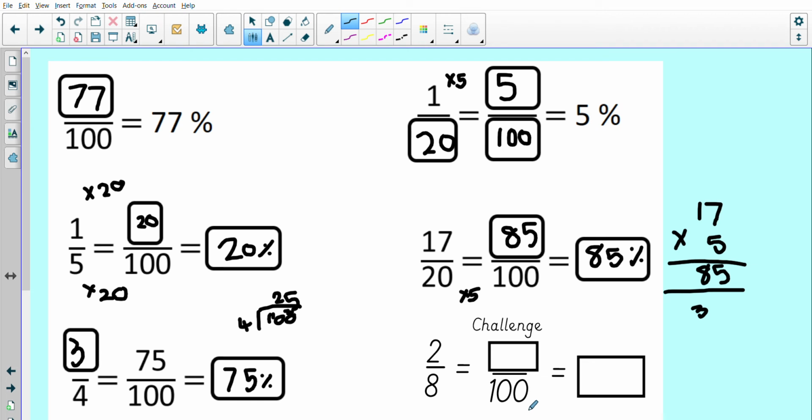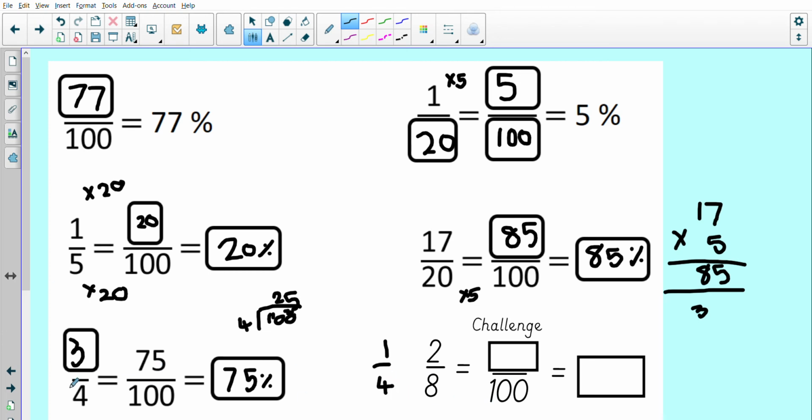Right, this one is a challenge. I don't know how many times 8 fits into 100, and if I think about it, 8 doesn't go into 100. 8 is not a factor of 100. So how am I going to solve this? Well, I know an equivalent fraction of 2/8 is actually 1/4. If I've divided 8 by 2, and I've divided 2 by 2, it's an equivalent fraction. And I know that 4 does go into 100.